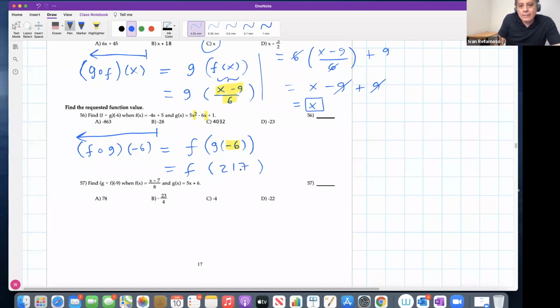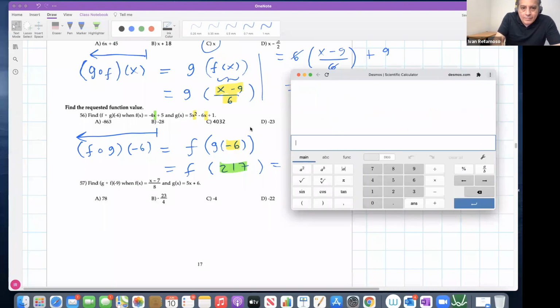But now this 217 must be evaluated in the function F, which is this function. So now you take this guy, 217, and put it into this function instead of x. As a result, with the calculator, we're gonna get the following: negative 4 times 217 plus 5.